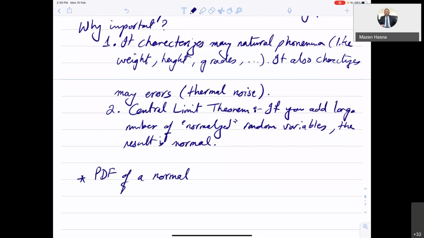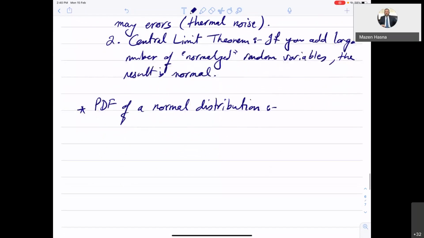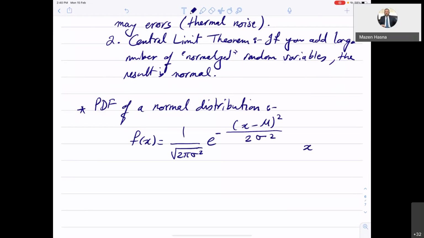It's not that nice, but if you use it a lot, you'll come to memorize it. f of x can be written as 1 over the square root of 2 pi sigma squared, times e to the minus (x minus mu) squared over 2 sigma squared, where x is between minus infinity and plus infinity.